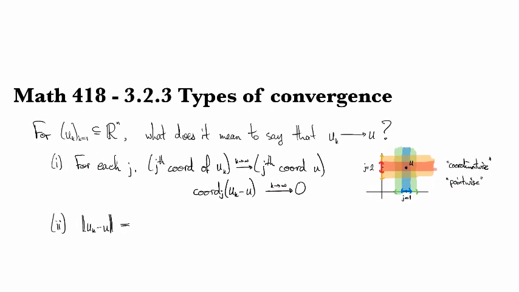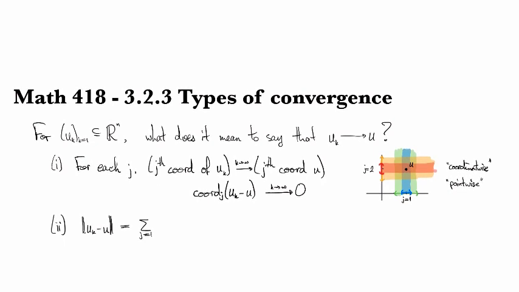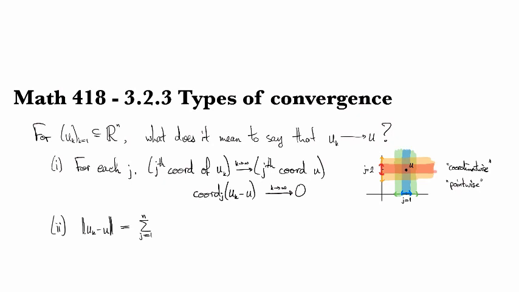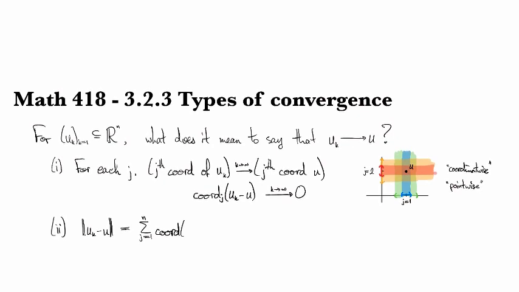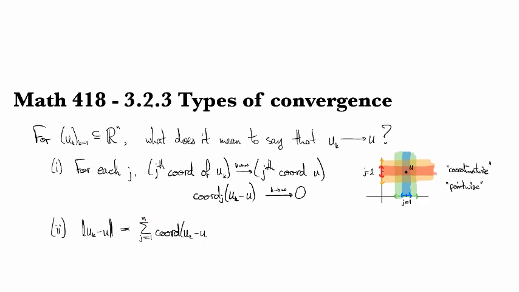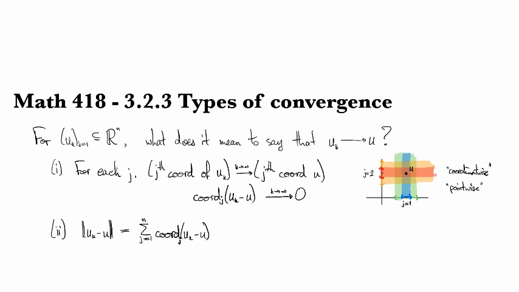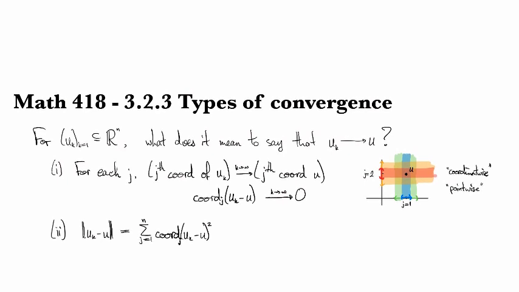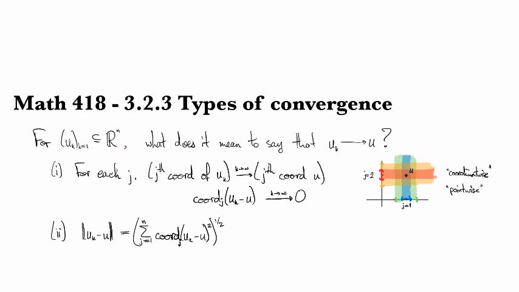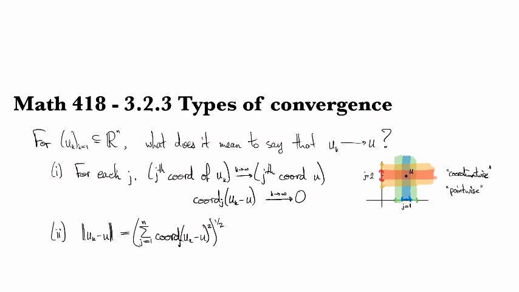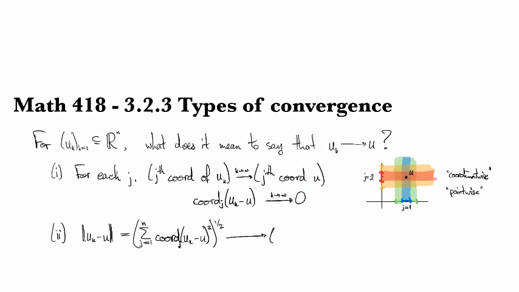So for us, this means we look at the jth coordinate difference between uk and u, take all those differences and square them and sum them up, and then take the square root. That is the standard Euclidean distance between uk and u. Does the distance between uk and u go to 0?